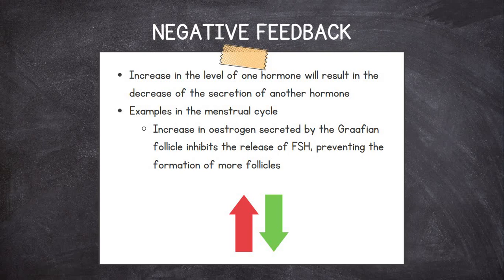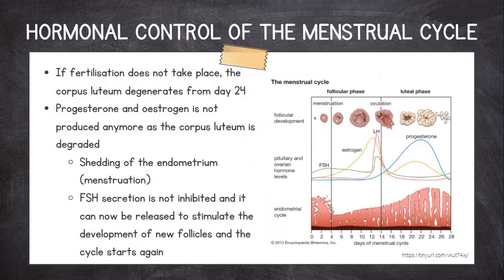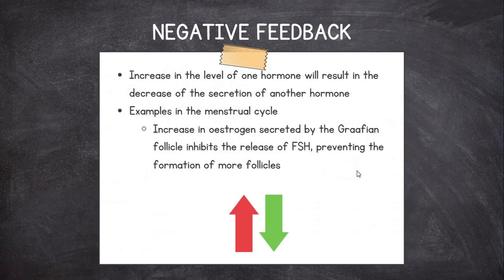So examples of this in the menstrual cycle include the increase in estrogen secreted by the Graafian follicle, which then inhibits the release of FSH to prevent the formation of more follicles. So we can see here that as our levels of estrogen increased, our levels of FSH decreased.